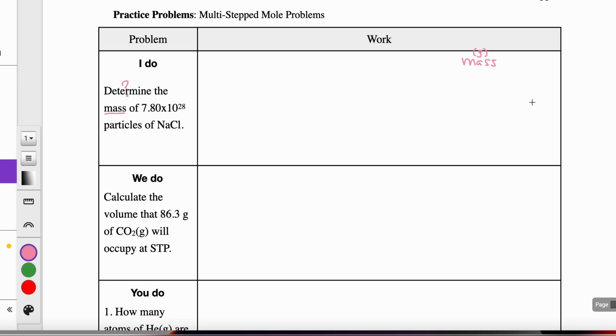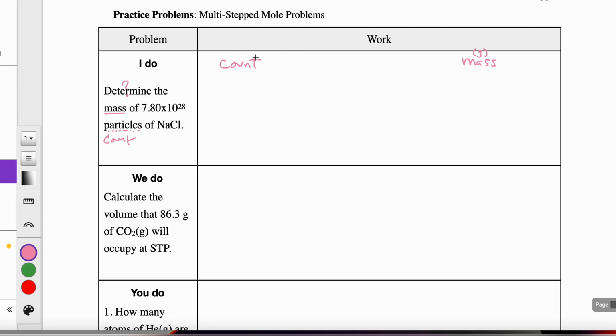I need to end up with the number of grams. Now I need to take a look at the information I have to get to the mass. Well, I see this big number, 7.80 times 10 to the 28th power, and I see that it is labeled with the unit of particles.